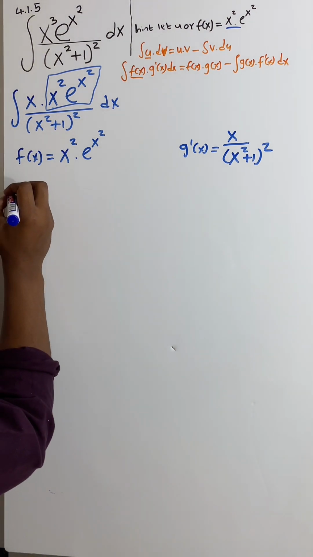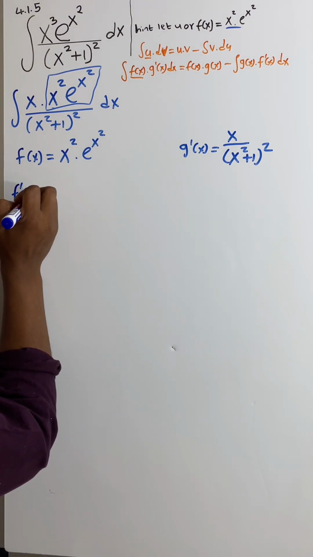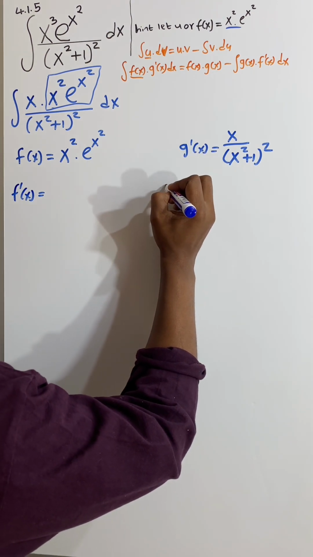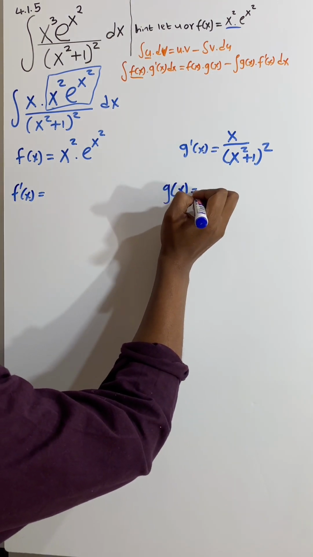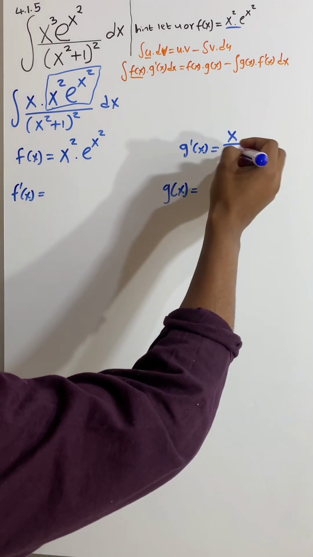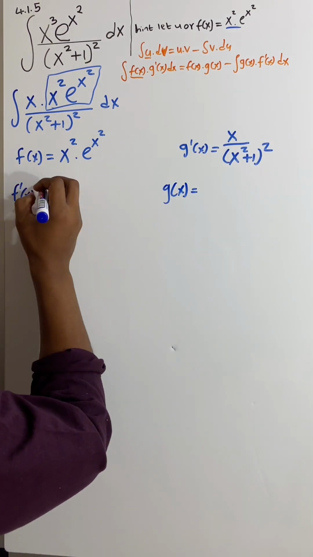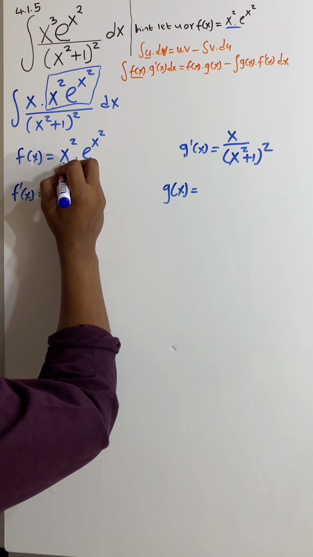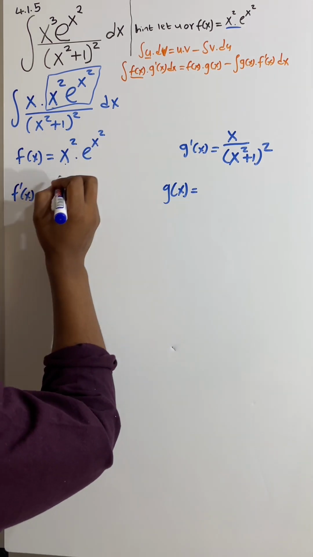We have to differentiate f of x so that we can get f prime of x, and we also have to integrate g prime of x so that we can get g of x. Let's start by differentiating f of x. We use the product rule because we have two functions, x squared and e to the power x squared.